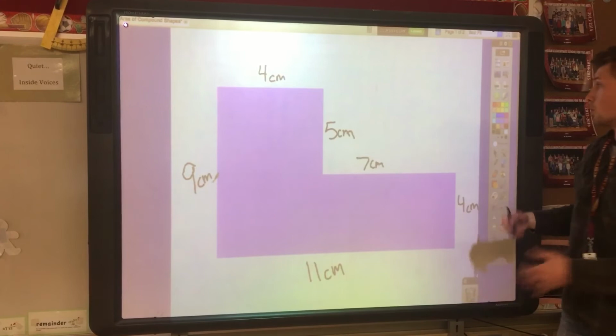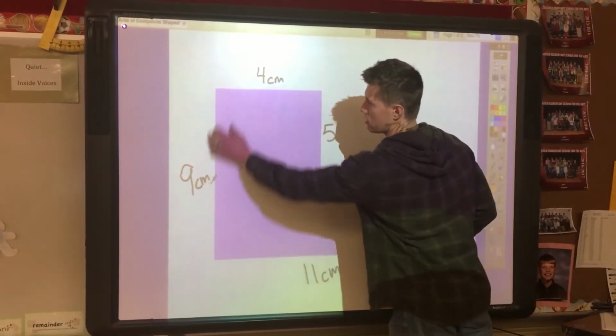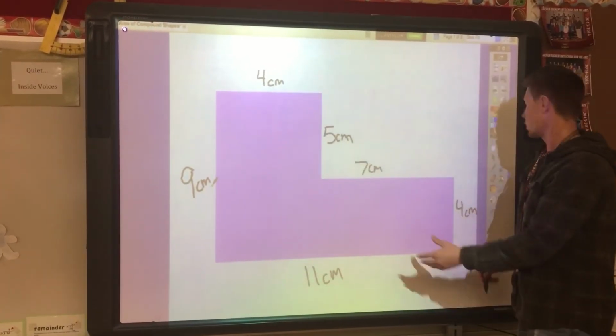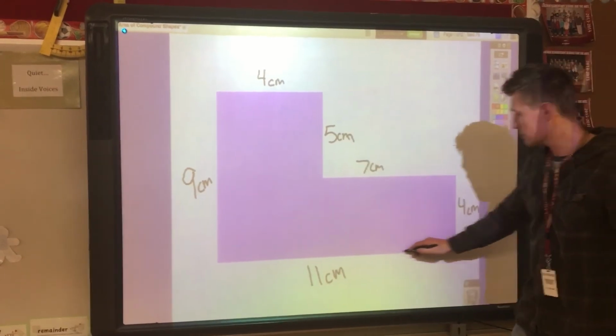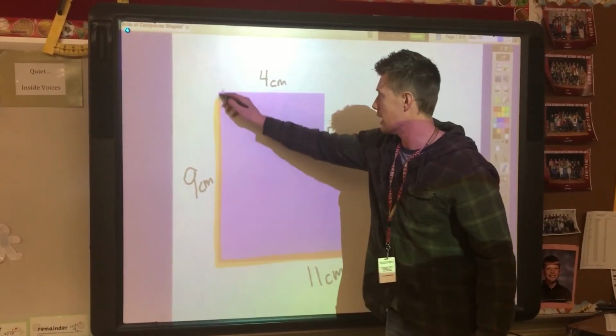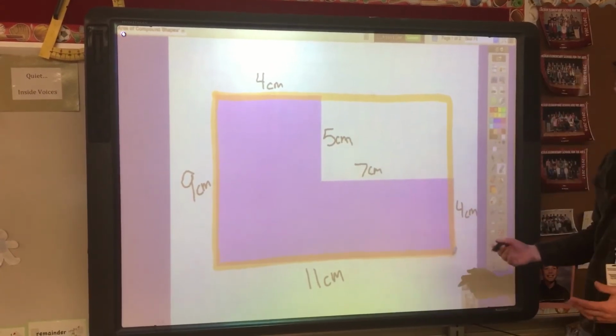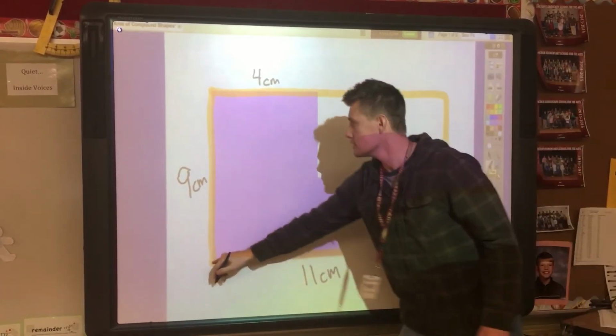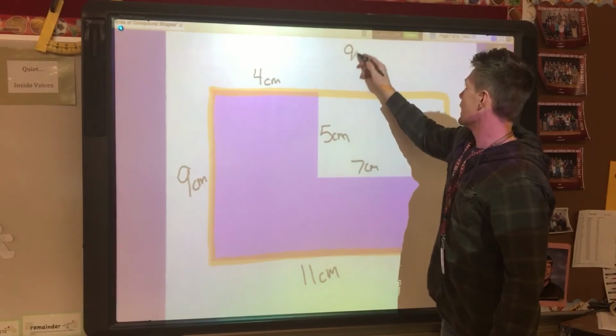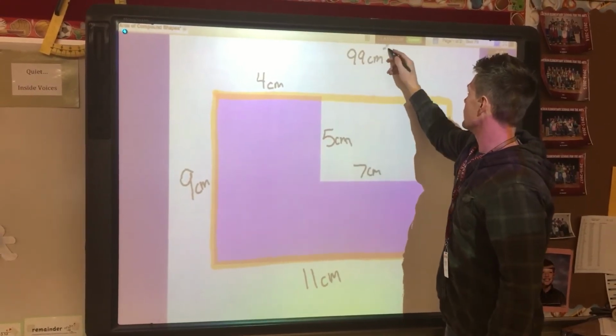But here, we are going to think, if we take our long sides, and we multiply 11 times 9, we would get an entire area for this rectangle. 11 times 9, 99 centimeters squared.